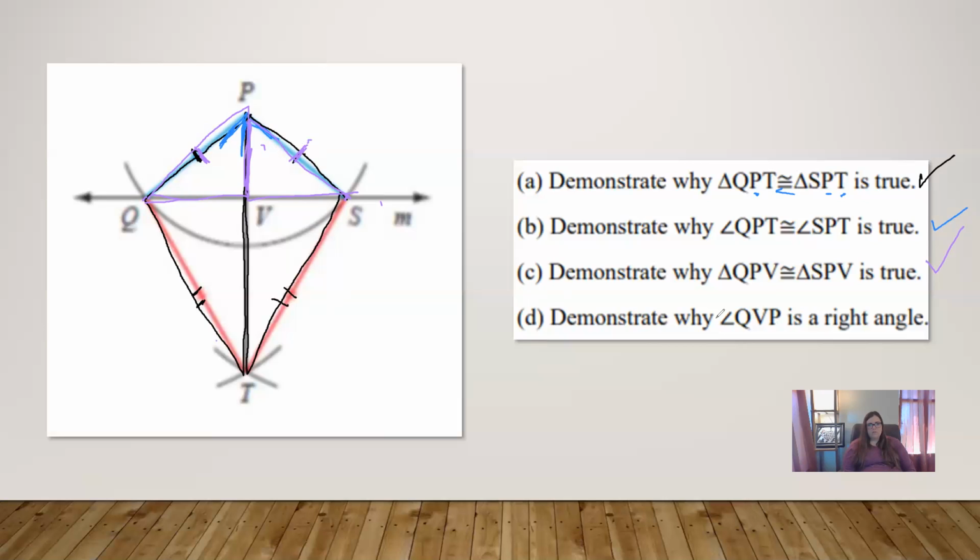Now, angle QVP. So this angle right here, is it a right angle? Well, line PT and line M, or QS, however you want to say it, call it line M because that M's right there.